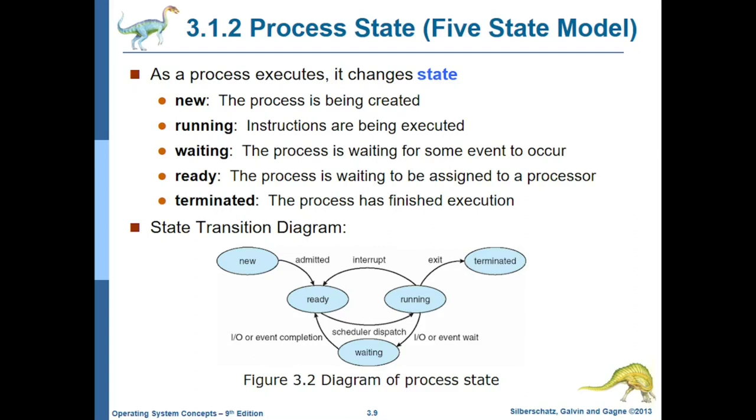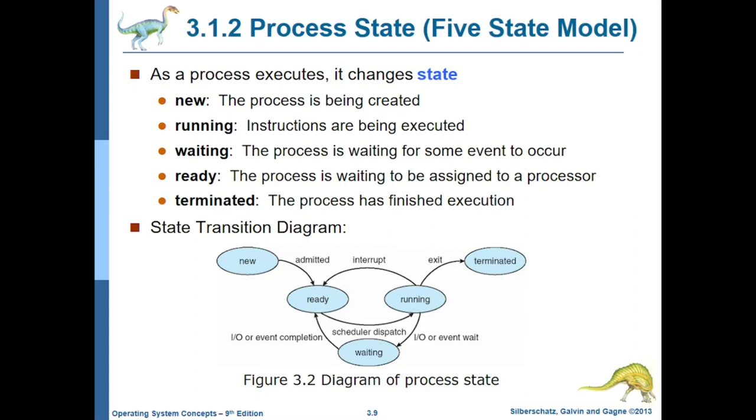So the state transition diagram shows how a process can move from one state to another state. The arrows indicate the possible transitions and the labels indicate the causes of the transition. So, for example, a new process can be admitted to the ready state by the operating system.